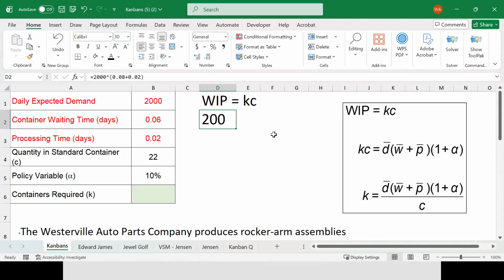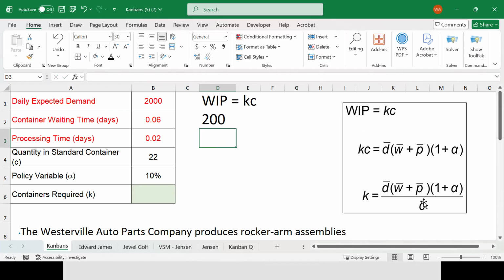Now, if I look at my formula here, what I've done is basically multiply the average demand by the total amount of wait and processing time. I've not yet added the safety stock. Depending on the amount of variation in demand, I might want to add safety stock, and that's going to be our alpha here. Each production manager has to determine what level of safety stock is necessary to ensure that demand is met.